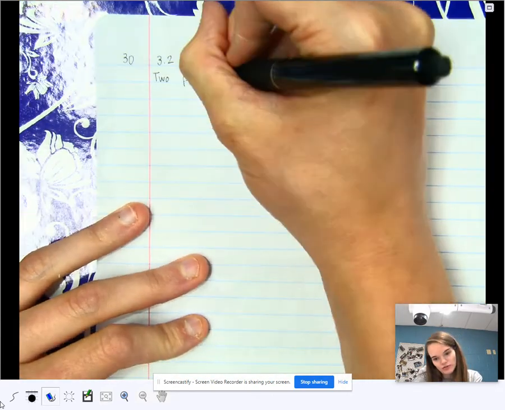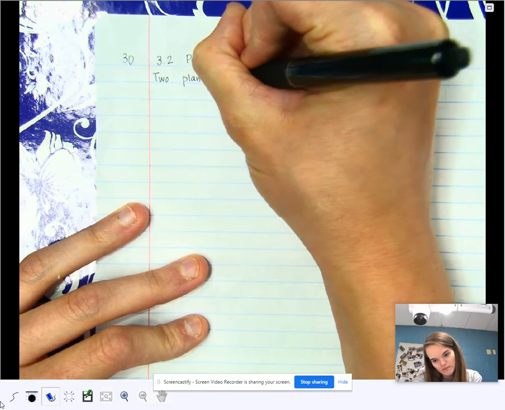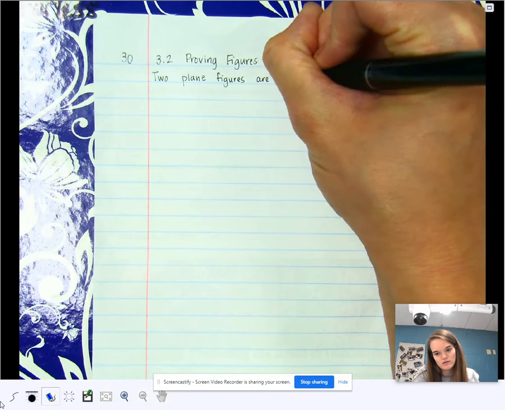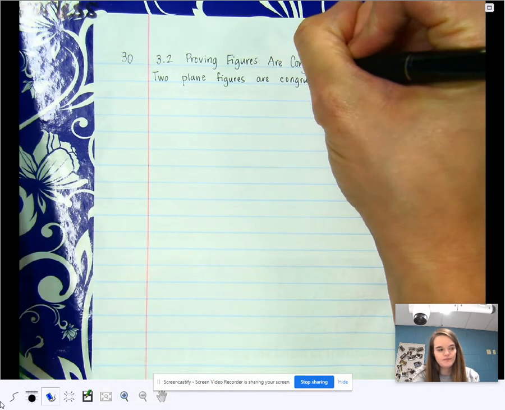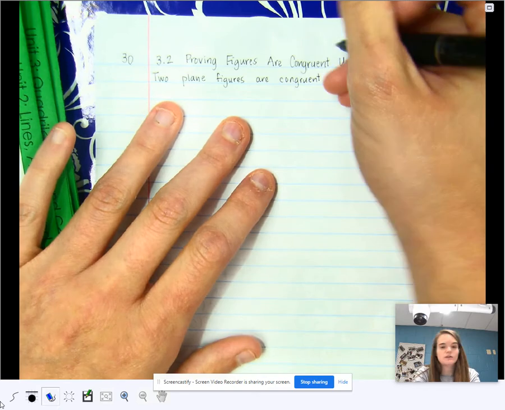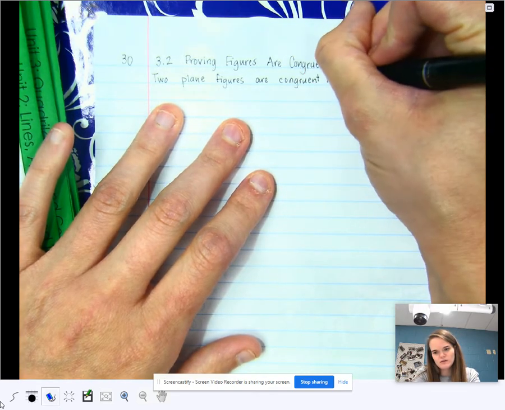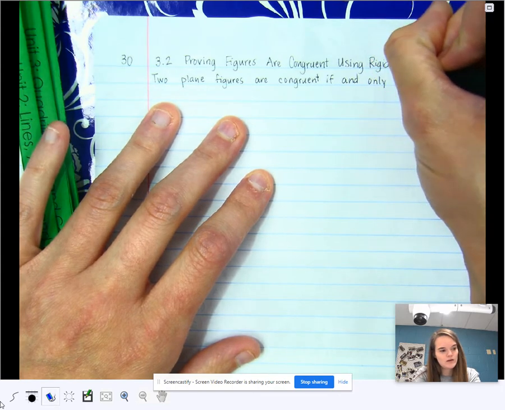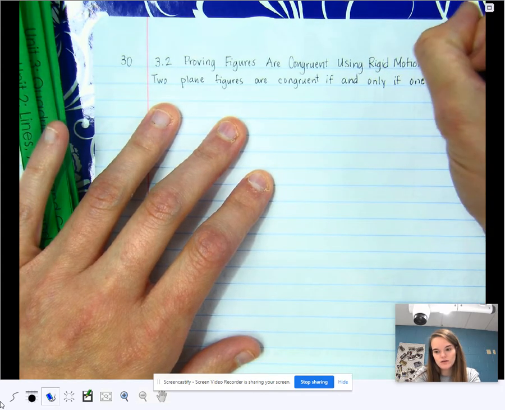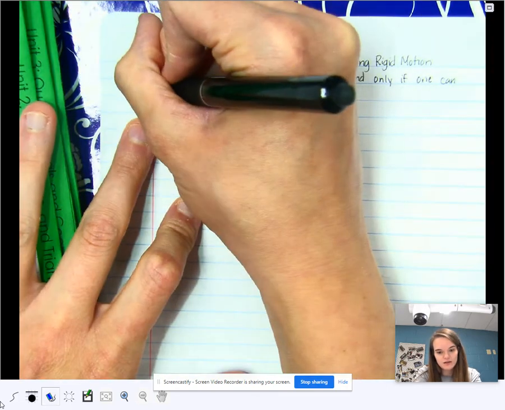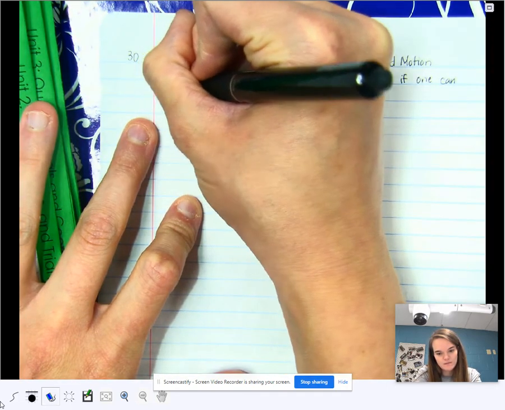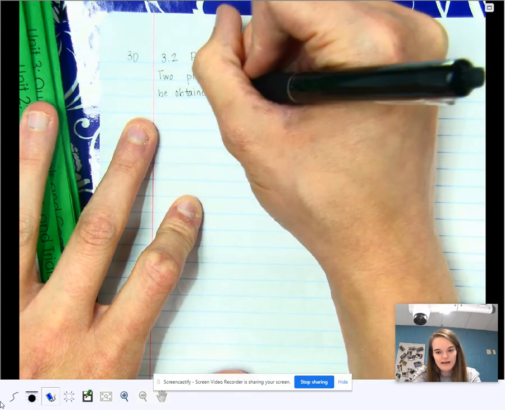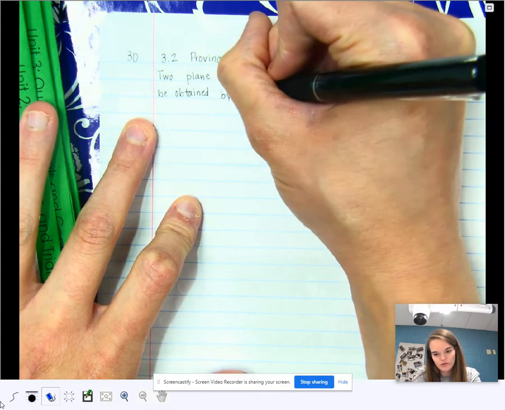Two plane figures are congruent if and only if one can be obtained by a sequence of rigid motions.